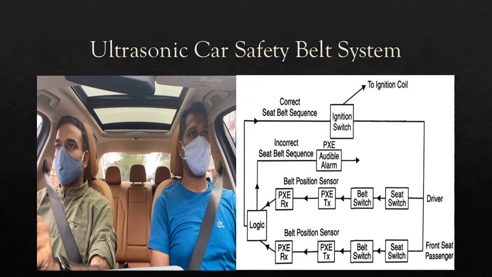Instead, the alarm is sounded, and if at the end of the specified time the belt still remains unfastened, the ignition will then be cut off. For very short operations, such as parking or garaging the car, the logical arrangement can be adjusted to allow for car movement in first or reverse gear for a specified time without the driver being belted.